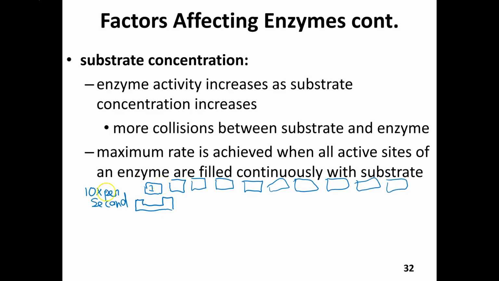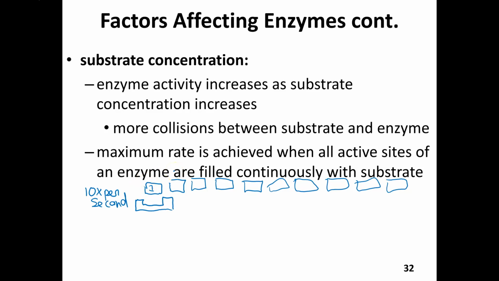Then at the end of 1 second, you could catalyze all of these reactions potentially. But if you have more, then you're more likely to have these enzymes and the substrates attaching and the product being produced. So enzymes work most effectively when there are more substrates.